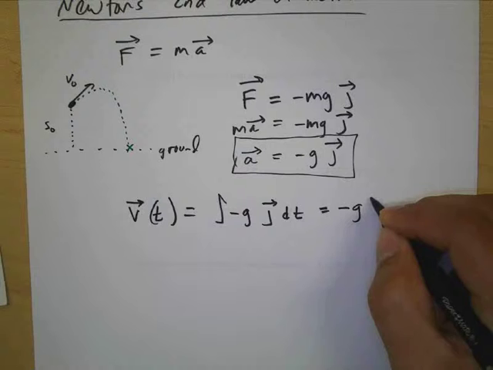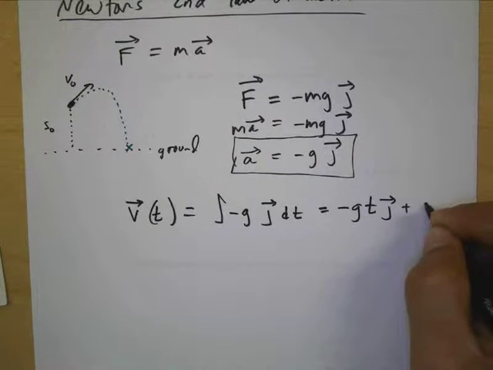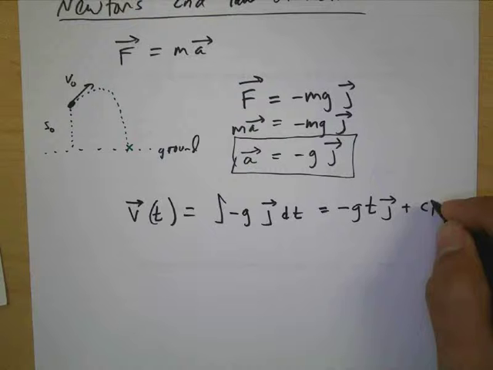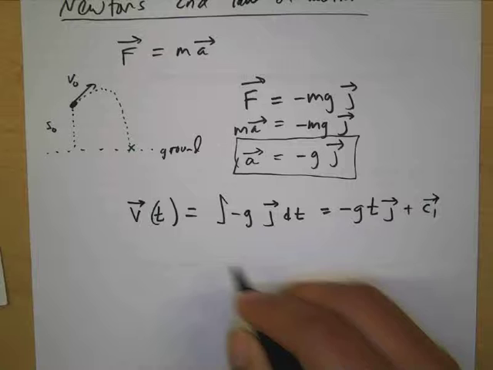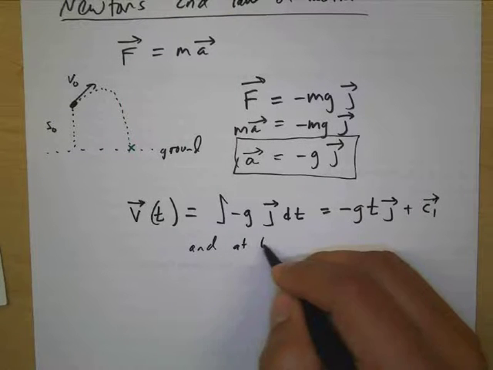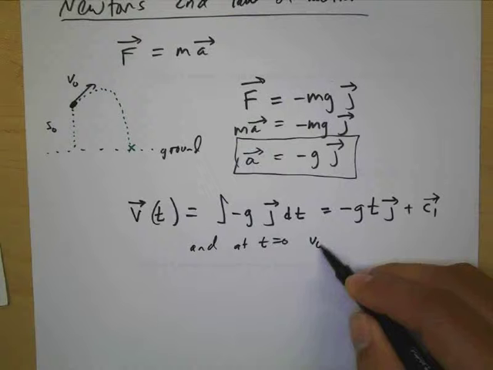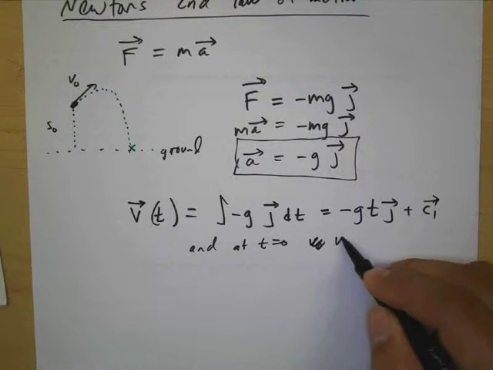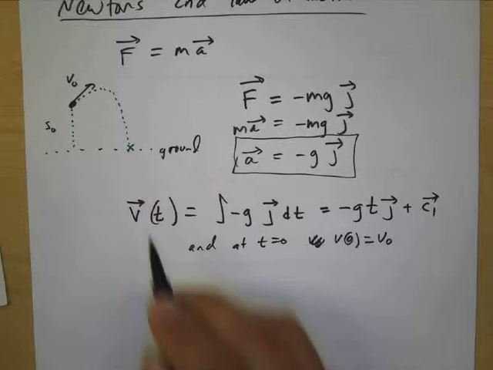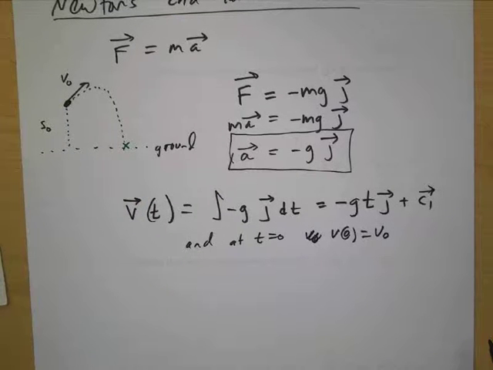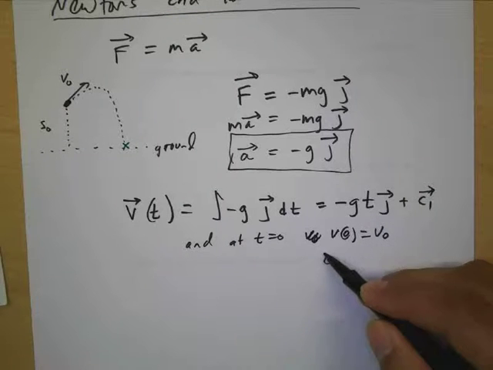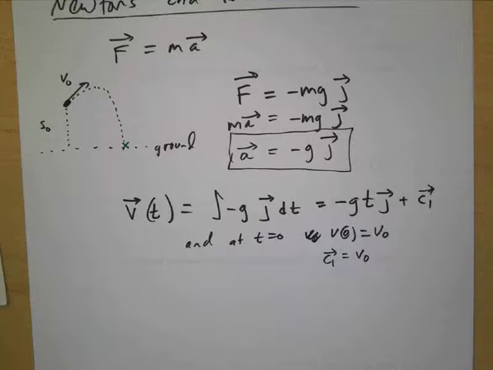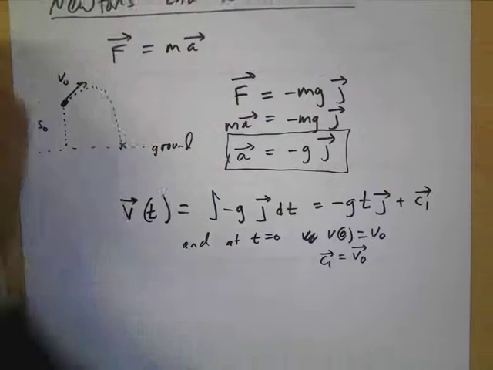So this is minus gtj plus constant, right? And at t equals 0, our initial velocity is just v0. That's the assumption we're working with here. So that means that if I plug 0 into this, c1 is really just initial velocity. Okay? You guys good so far?